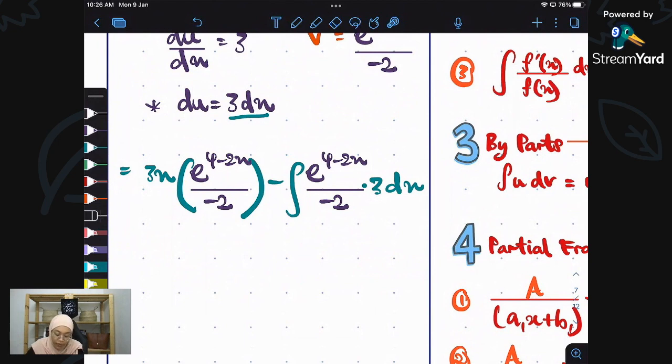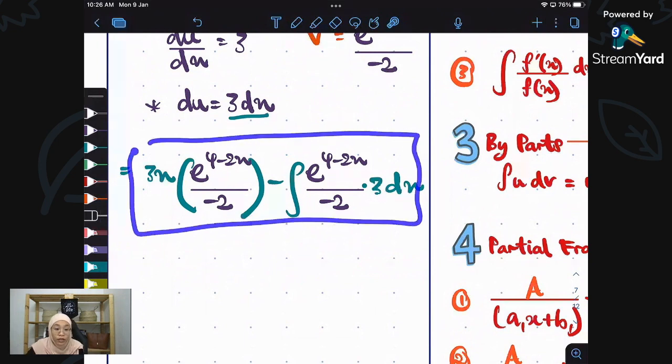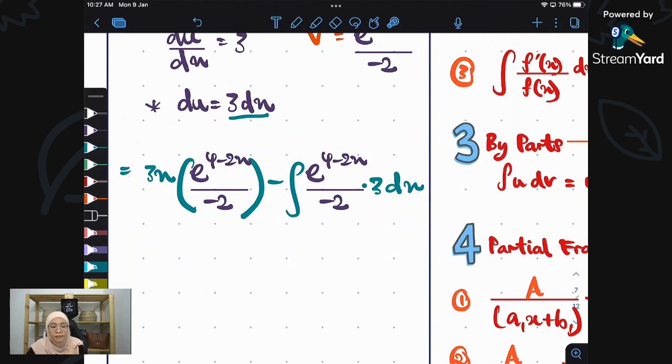Whenever you forget how to write this down, you write down the formula uv minus integral v du. Write down this formula as many times as possible so that you will automatically memorize it. Alright? And so the answer is -3 over 2x e to the power 4 minus 2x.